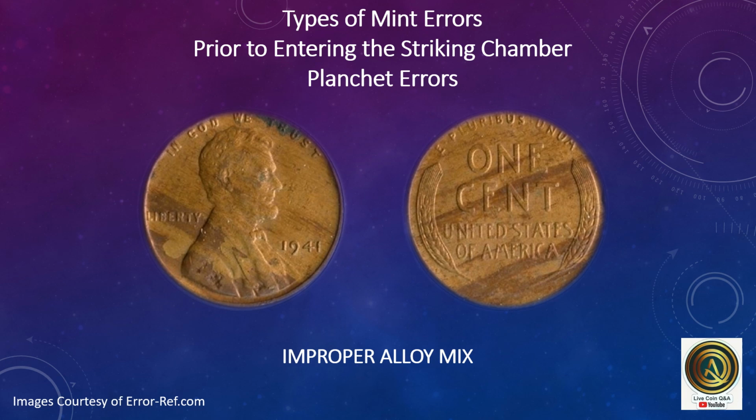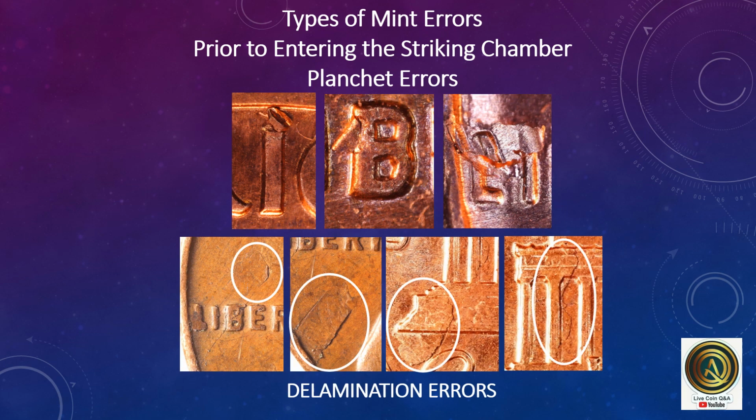This is an example of an improper alloy mix, which is also a planchet error. It is something wrong with the mix of the alloys used in the copper sense. Delamination errors. These are some examples of laminations.